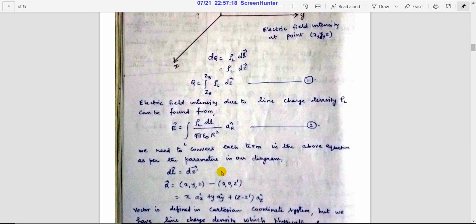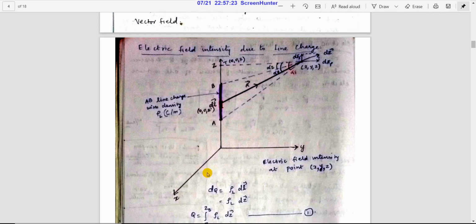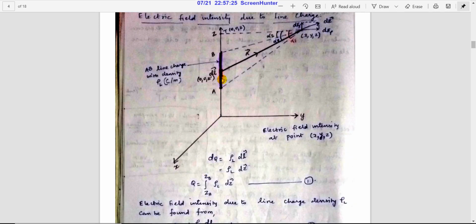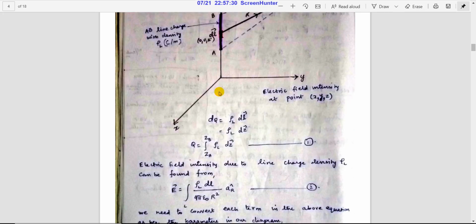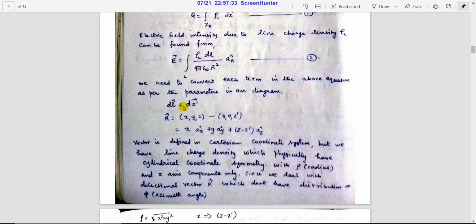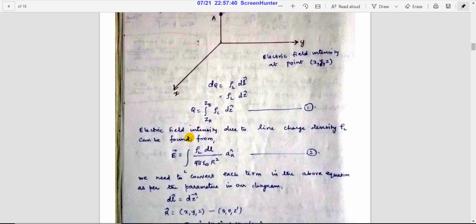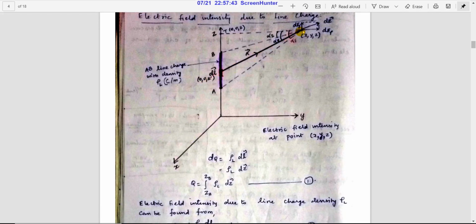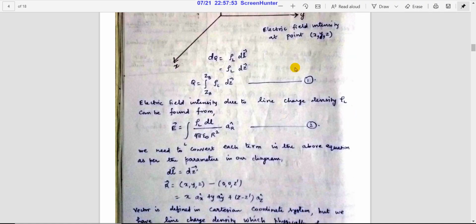We need to convert the terms in the above equation into cylindrical coordinate system parameters. So this dl has to be converted into dz dash, because this particular dl is situated at 0 comma 0 comma z dash, not at z, so it is z dash. So we substitute dl is equal to dl dash dz dash.